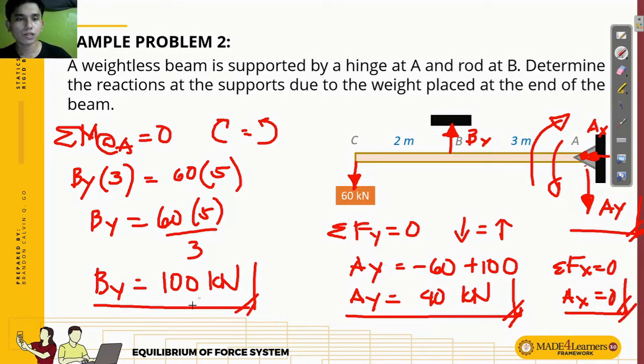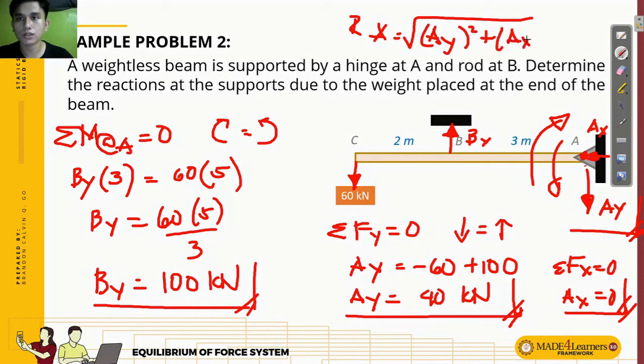Okay. So that is the answer, class. By is equal to 100, AY is 40, AX is 0. Therefore, the reaction at the hinge A is still 40 kN, since there is no x component. If the x component has a value, get the resultant: reaction at A is equal to the square root of AY squared plus AX squared.